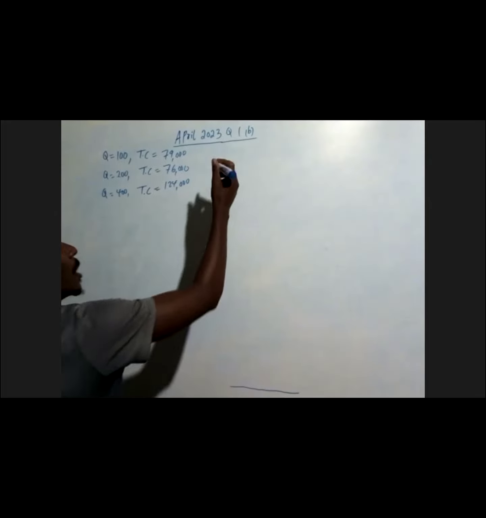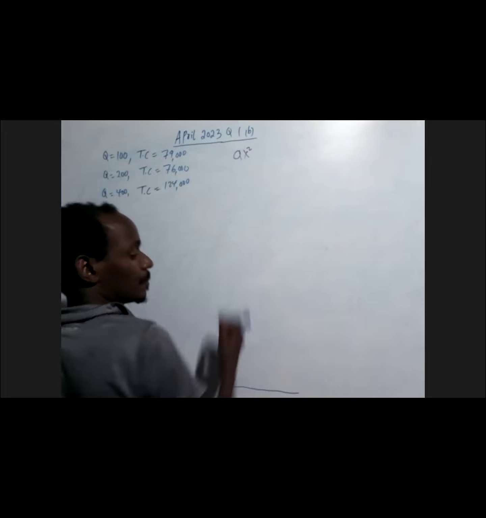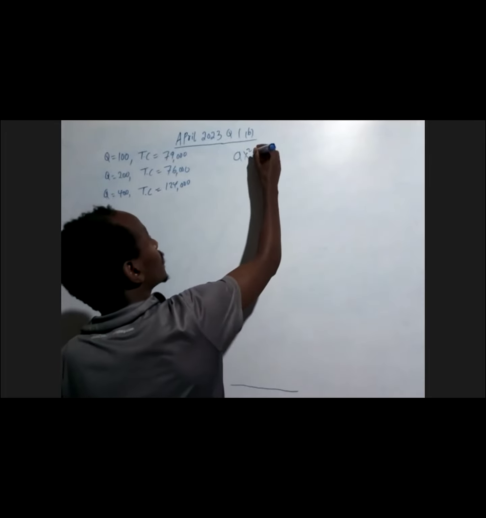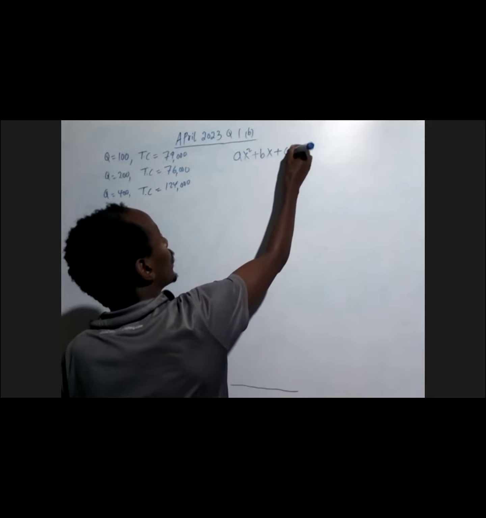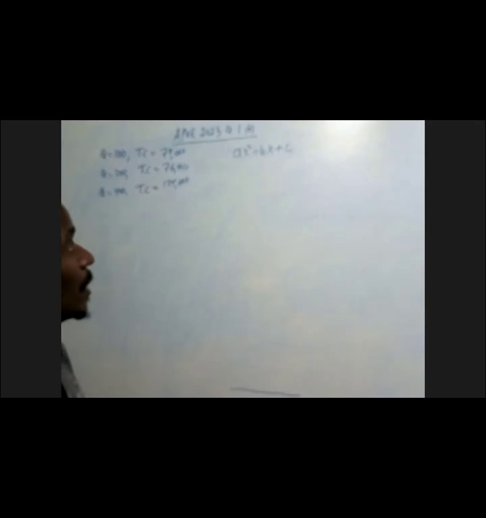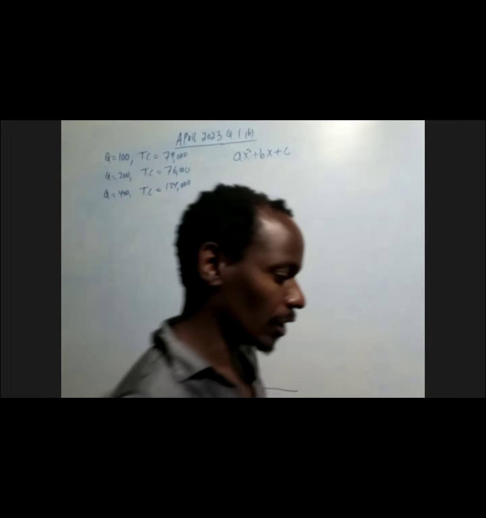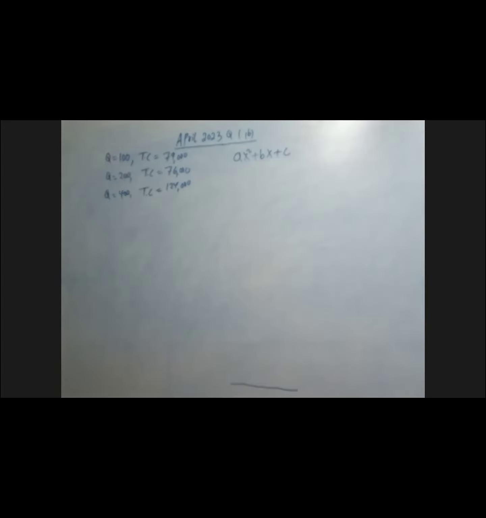When the function is not linear, this is the general format: Ax squared plus bx plus c, where A, B, and C are constants, and x represents the number of units produced and sold. Now, let us start with the first one.